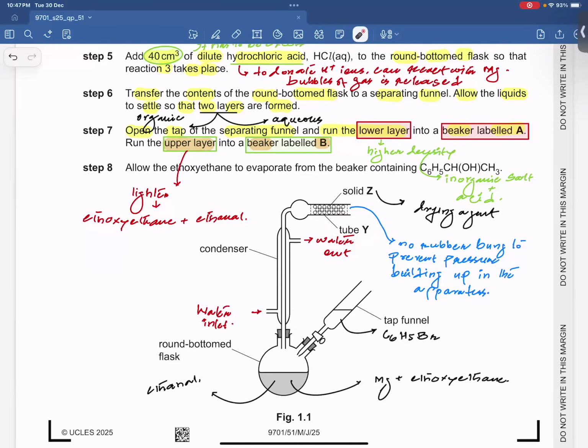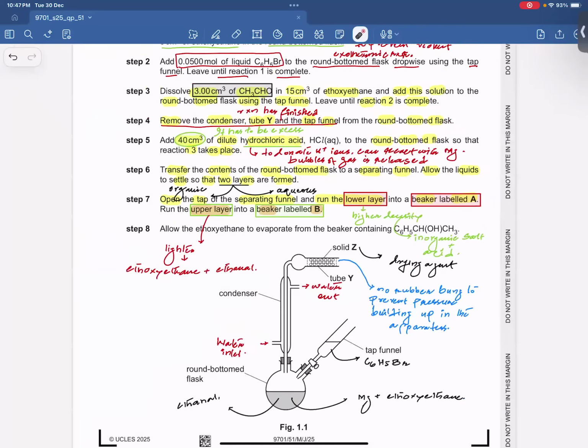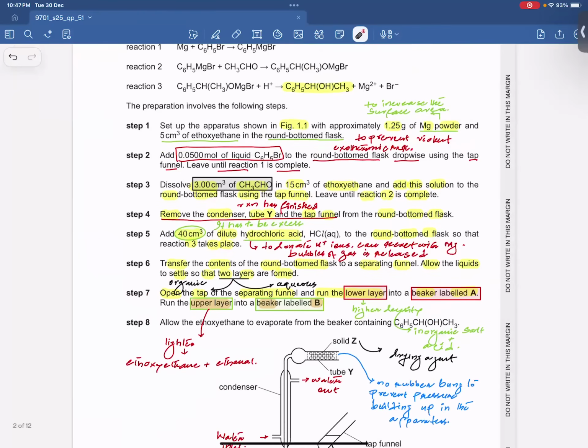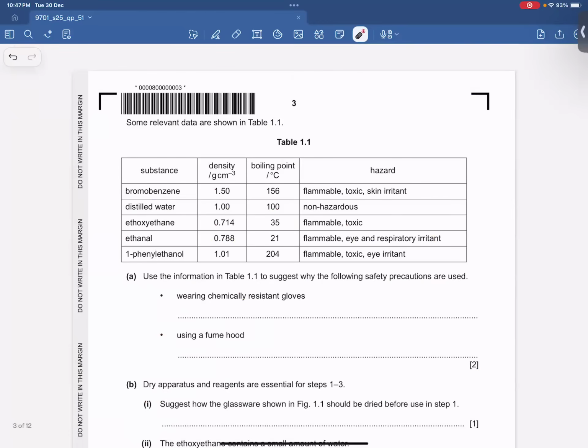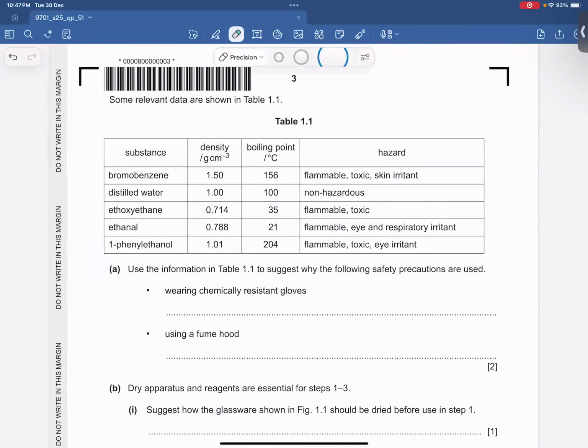Anyway, let's move on to the next part of the question. That's the explanation. I hope it makes sense to you. I hope you get the point. Some relevant data are shown. We have densities, we have boiling points, and we have hazards. Okay.